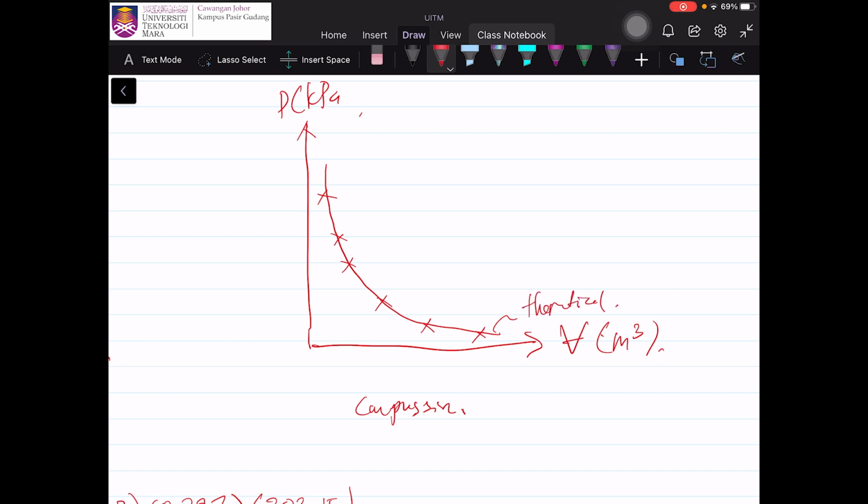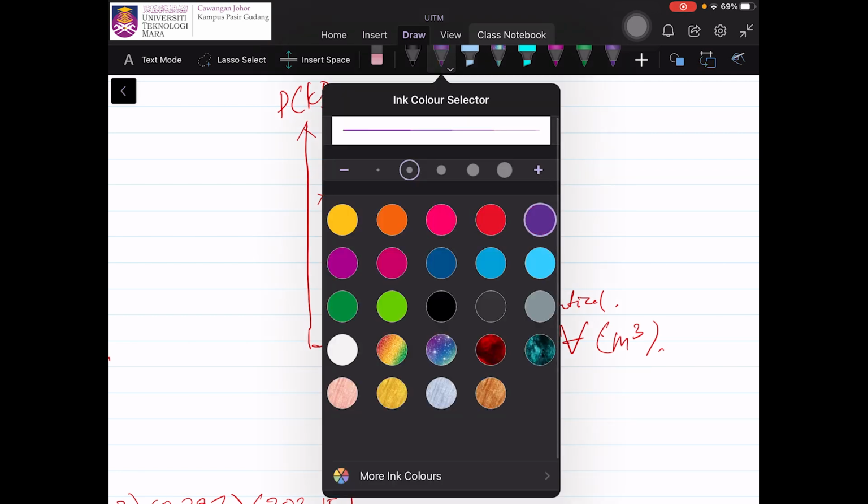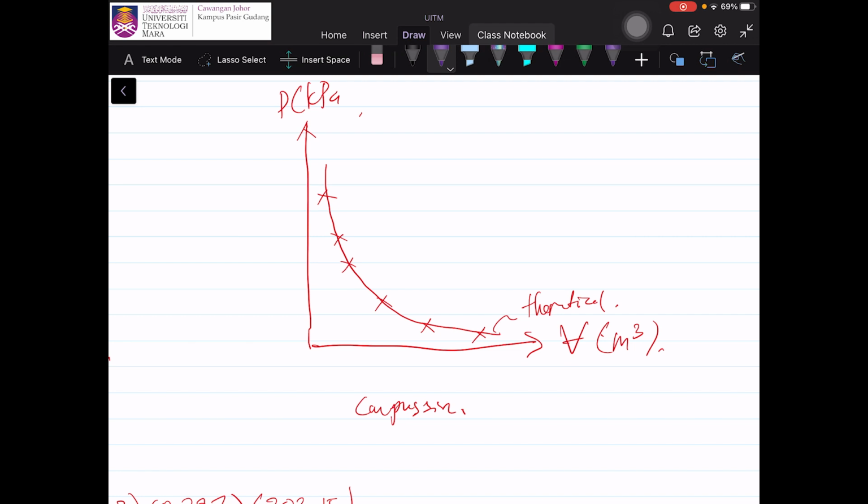All of the theoretical values should lie on the line, but you also need to plot the experimental values here. Most likely you will not get the exact theoretical value. So sometimes you get values like this, and then you need to use Excel to fit the best curve. It can be like this, or it can be below the theoretical one. It depends on your experiments.